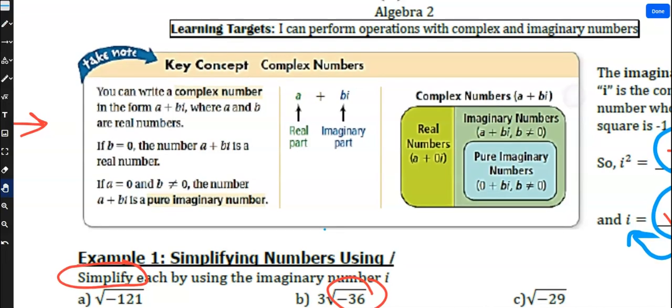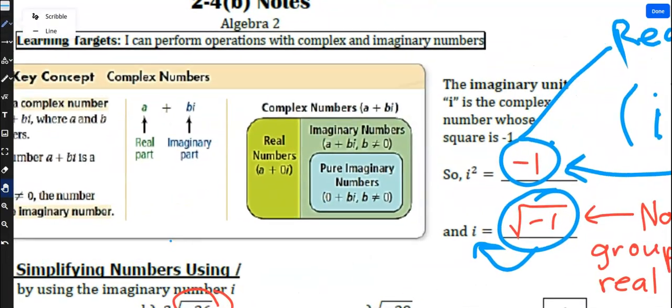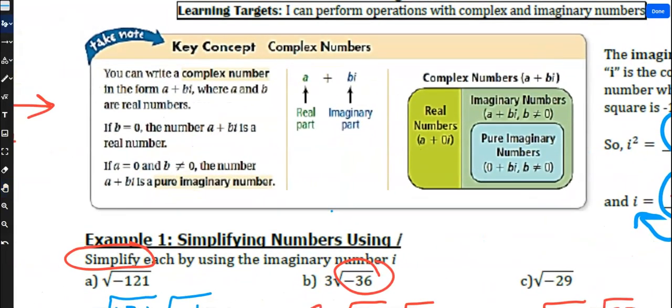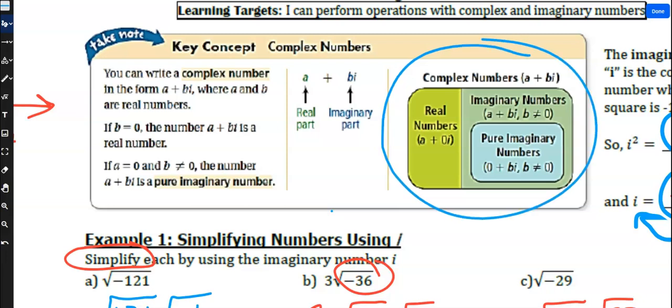So, complex numbers, that's the biggest group. That's the biggest group that we've talked about. And the real numbers are hiding inside of the complex numbers. So you've got a real part, and you've got an imaginary part, and you add them together. That's called a complex number.